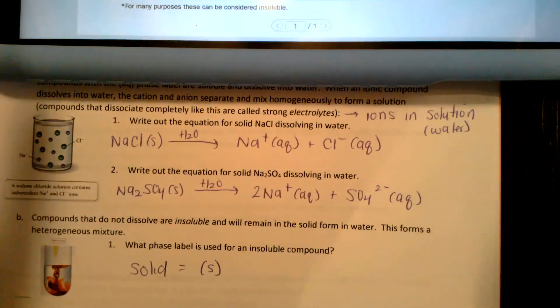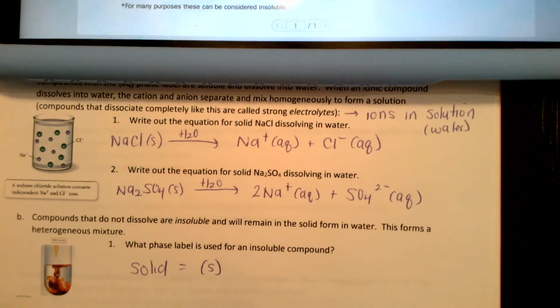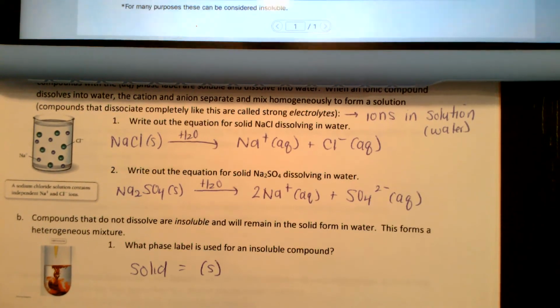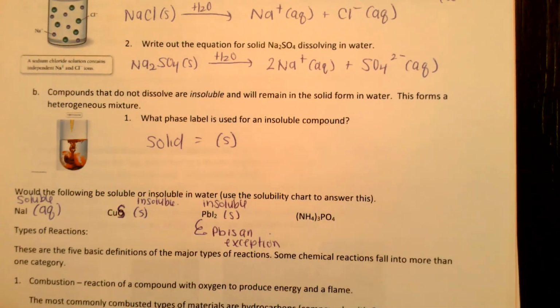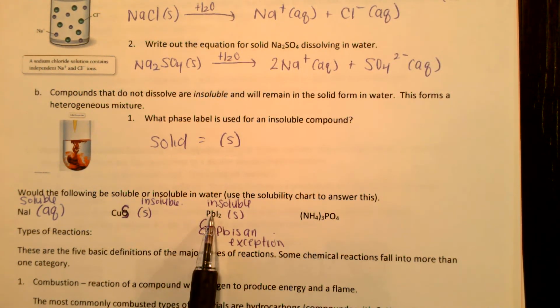Okay, so this one here, this will be insoluble. It will form a solid because Pb is an exception. Okay, so lead was an exception to our solubility rules, so it is insoluble. Again, iodides are generally mostly soluble. Lead was an exception, so it turned it into a solid.